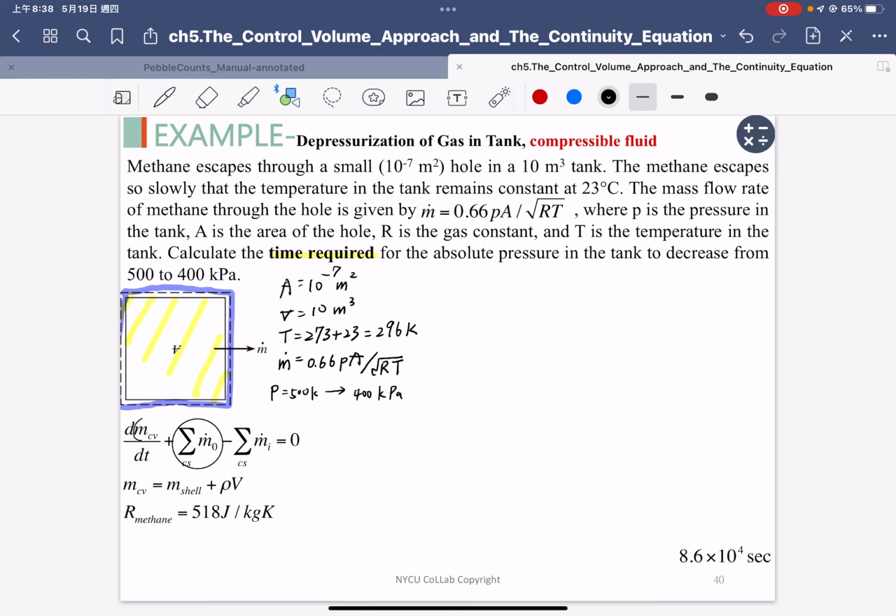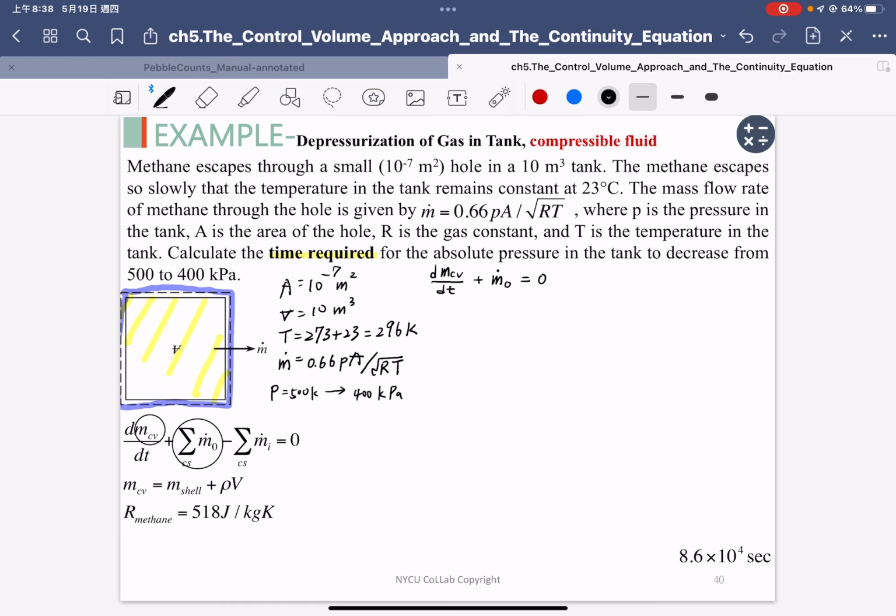The mass included in the control volume will change with time. So we only need to focus on the mass in the control volume changing with time, and the one mass flow rate for the output.